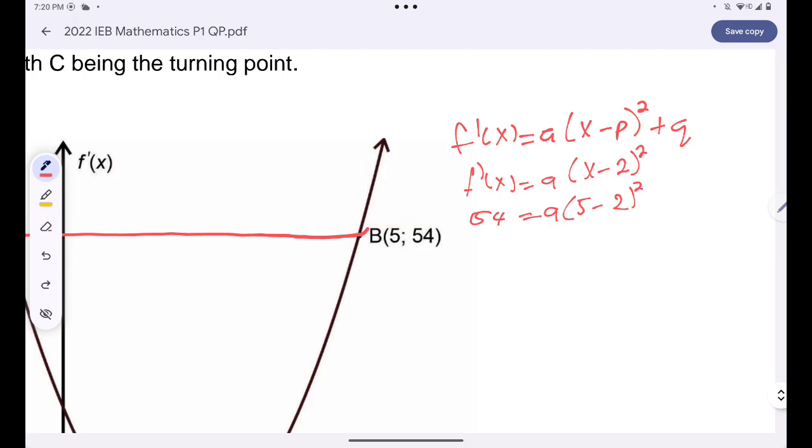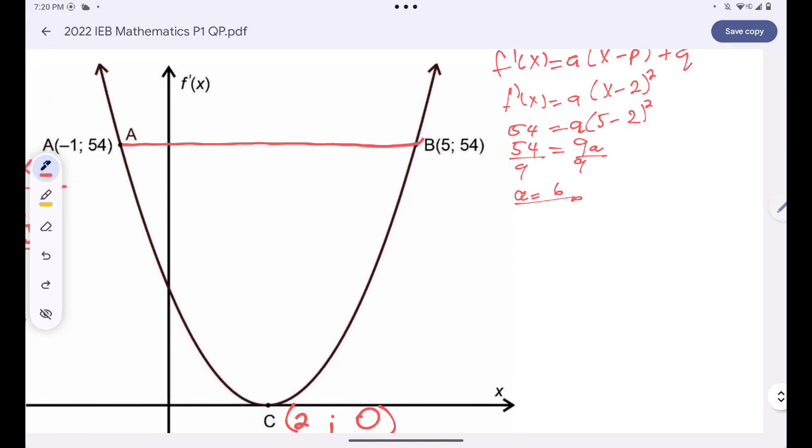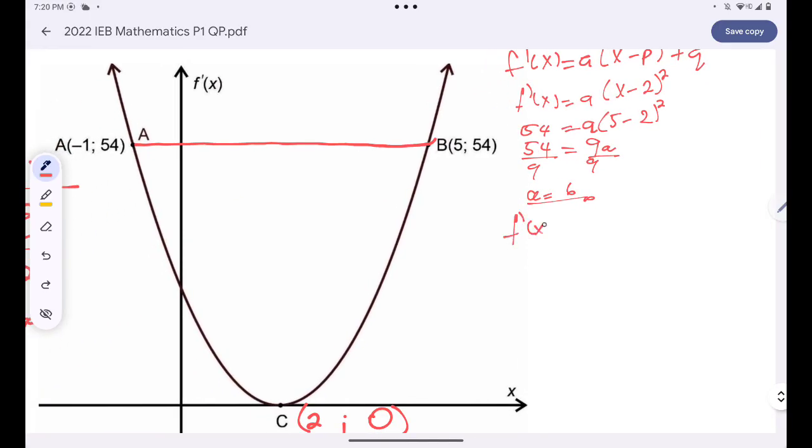All I need to do is to just solve for a. I'll have 54 is equal to a times (5 minus 2, that's 3) all squared, which is 9. So I have 9a. I'll divide both sides by 9, and then the value of a is equal to 6. So now I know that my derivative function is given by 6(x minus 2) all squared.